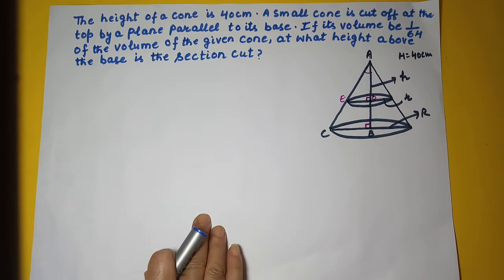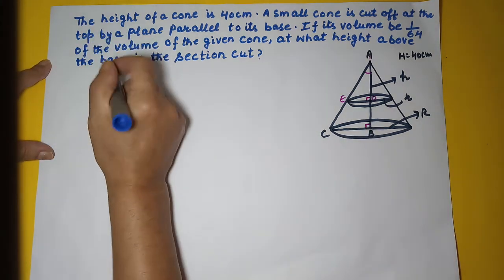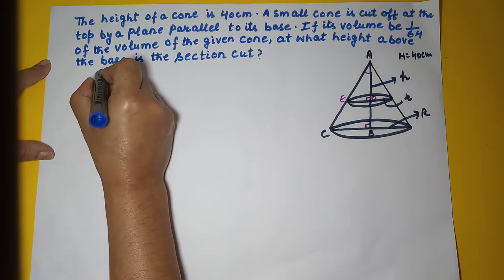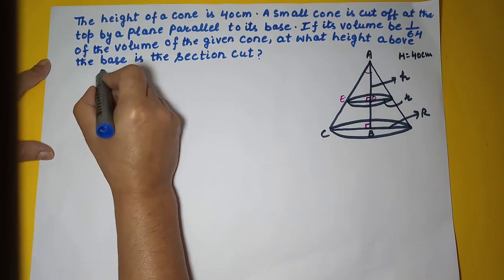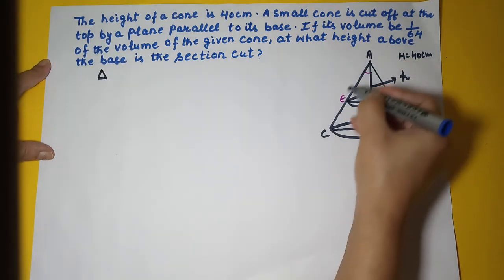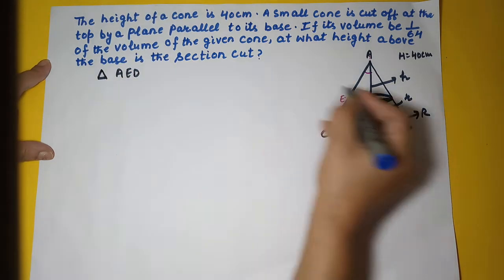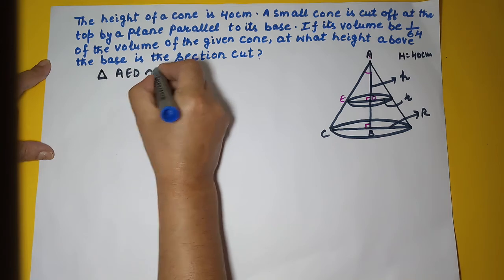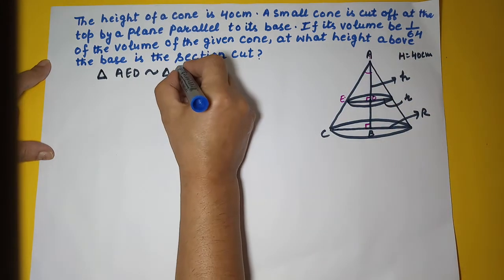So we will write, you don't need to prove that, you can simply write triangle AED is similar to triangle ACB, right?